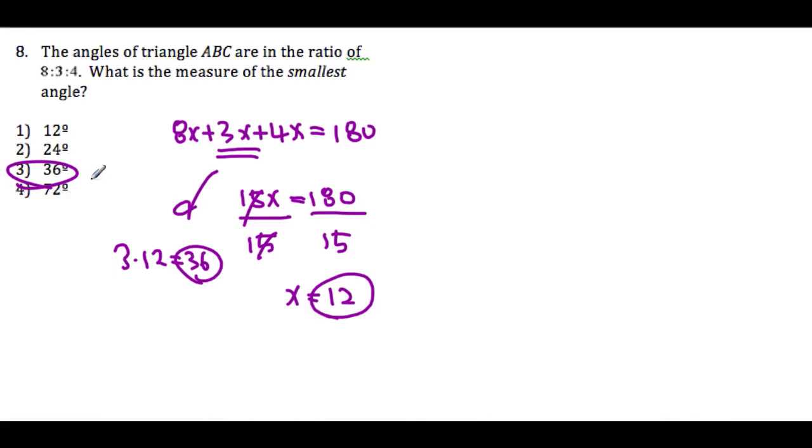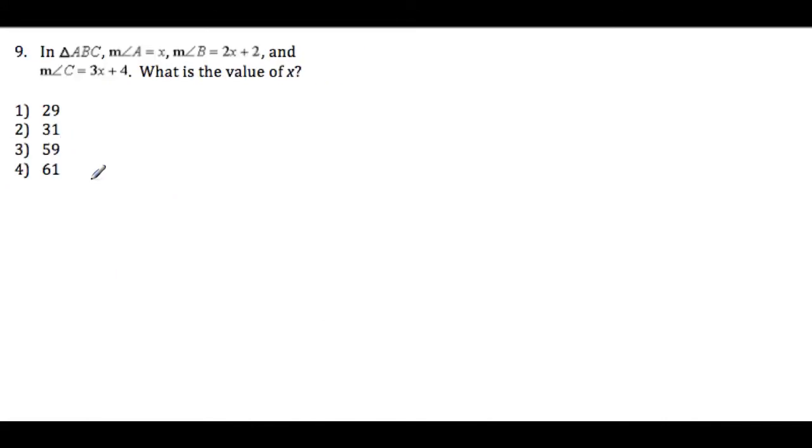Now, next, number 9. We have 3 angles given in this way. What is the value of x? So once again, since these 3 angles make up a triangle, when we add them up, it becomes 180. So x plus 2x plus 2 plus 3x plus 4 has to be equal to 180.